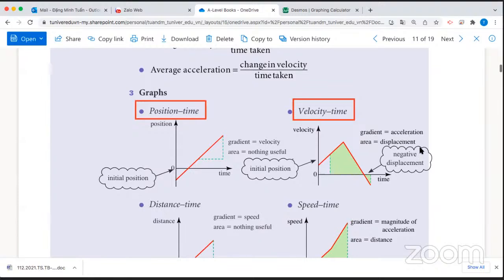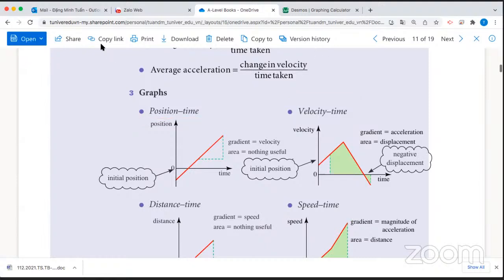When the graph is under the horizontal axis, the area will be negative. When the graph is above the time axis, the area will be positive. Remember this one for me.